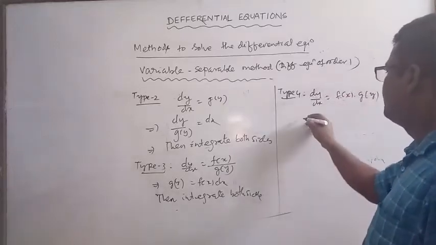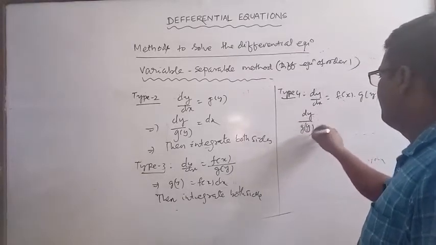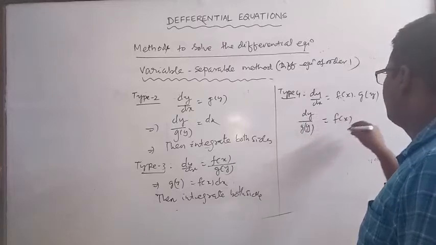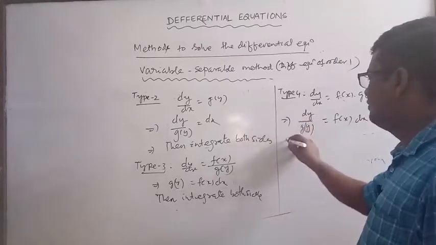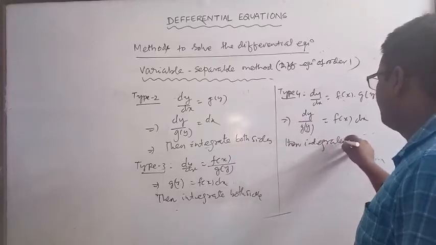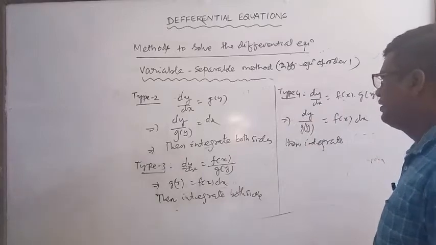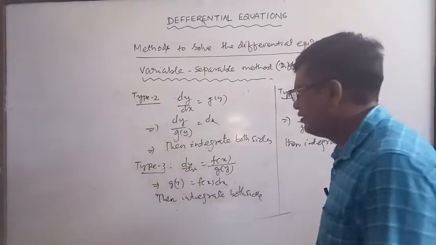So dy by g of y is equal to f of x dx. Then integrate. These are the types of the variable separation method.